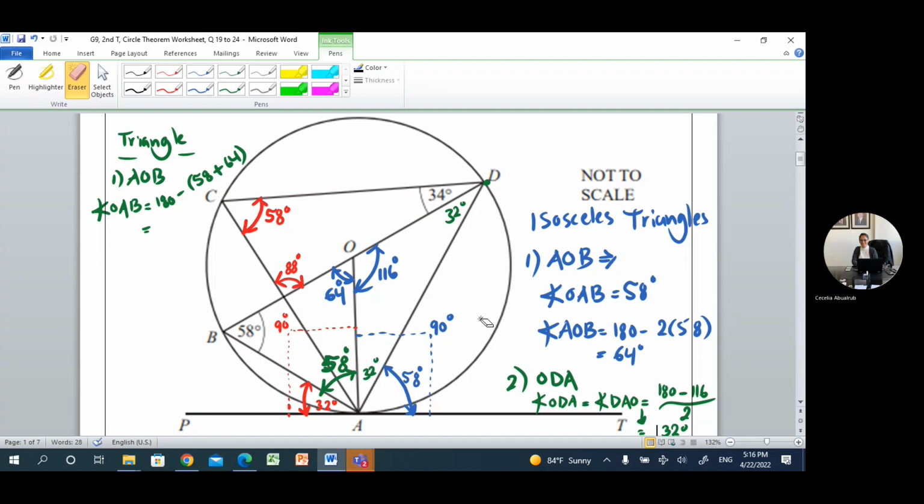So what else do we have? 58. As you can see here, BOA is a center angle and BDA is a circumference angle, and BDA is half of BOA.